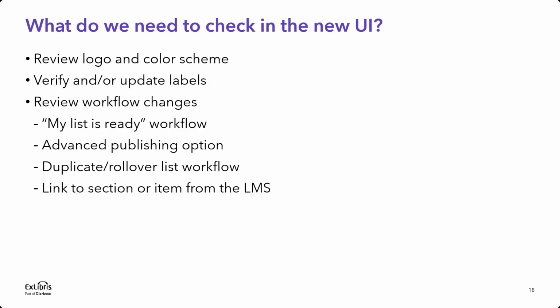So we wanted the colors to blend more with that learning management system experience. But there is a color scheme, so take a look at that. If you have done a lot to customize the labels, you should take a look at the labels that are in the new UI. We reviewed every single label as part of the development process.